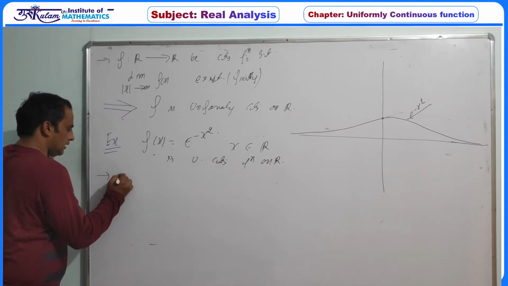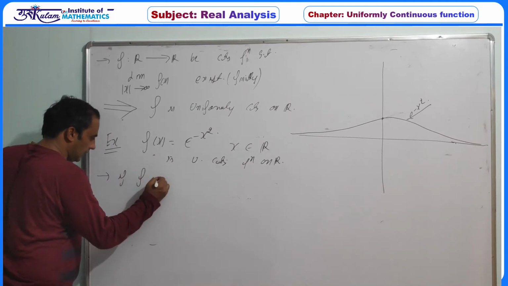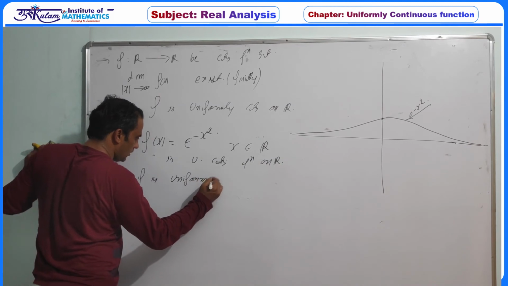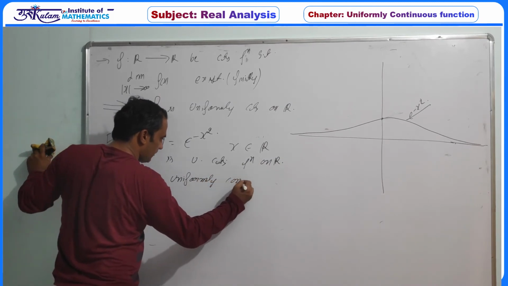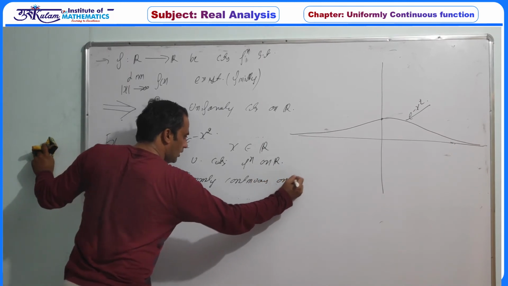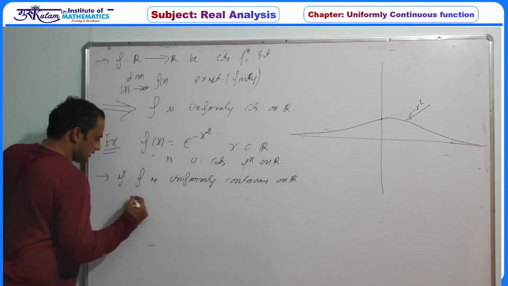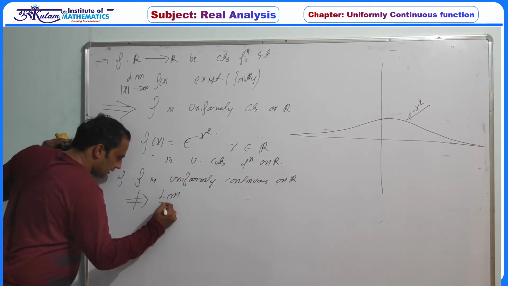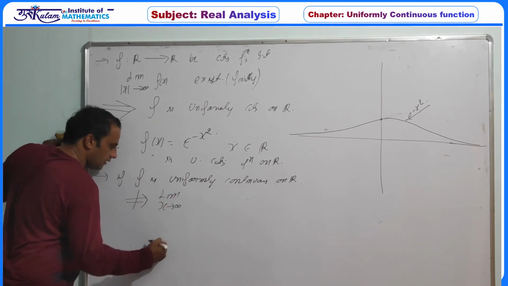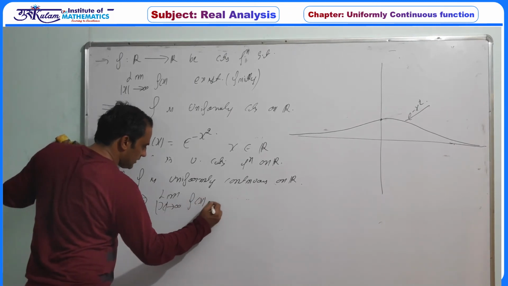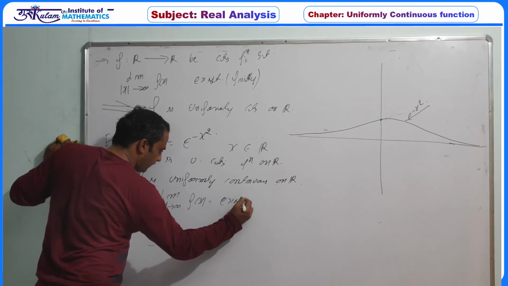That is, if f is uniformly continuous on R, this does not imply the limit as x tends to infinity or |x| tends to infinity of f(x) exists.